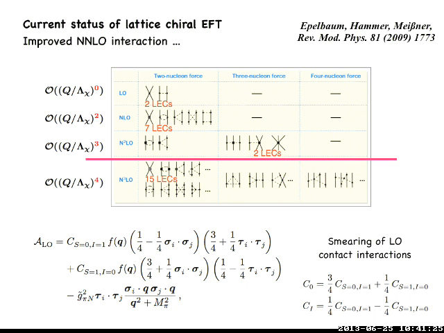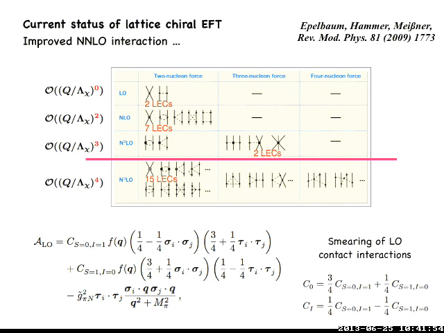So you have one pion exchange, and then another set of these low energy constants, called C0 and Ci. These two formulations are exactly the same, given these relations between the low energy constants.